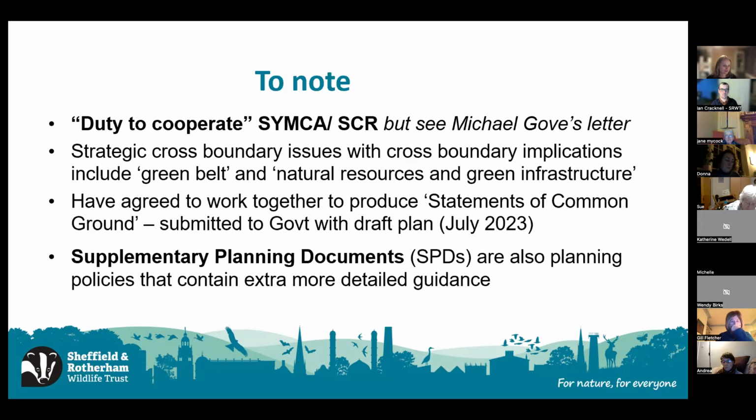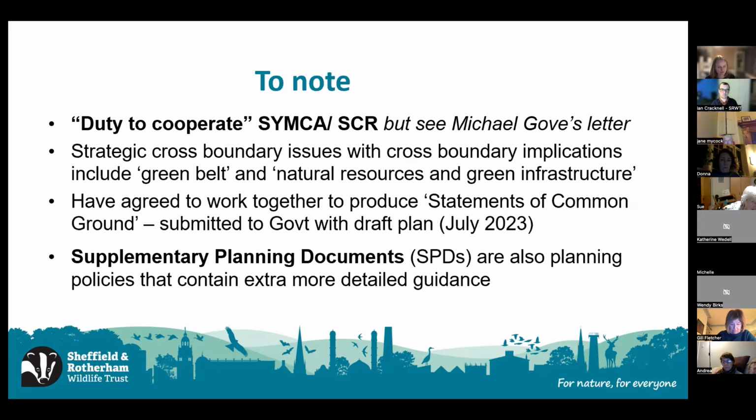Also worth noting, later down the line, local planning authorities can produce supplementary planning documents, or SPDs, that are also policy. They tend to contain more detailed guidance on how to implement some of the top line policies. Sometimes it's a matter of timing.